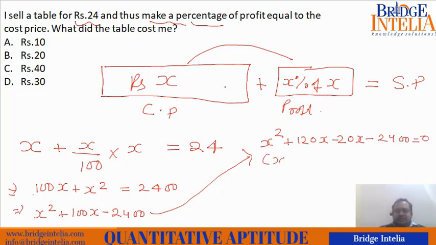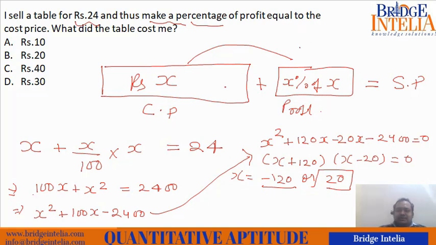So x comes out to be equal to either minus 120 or 20. Negative answer is not acceptable because x is the investment, money. Money cannot be negative. So answer is 20.